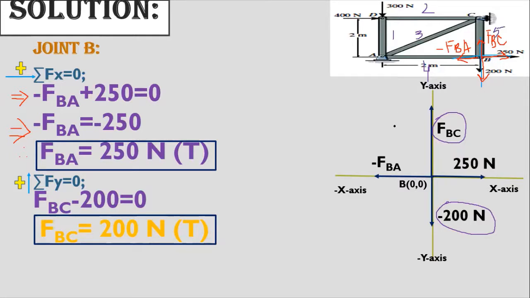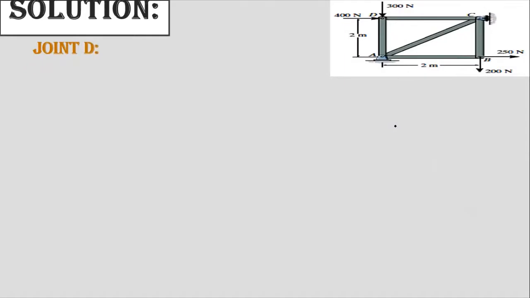So how many member forces are left? 4 member forces are left. So now we are moving towards joint D, because joint D is very simple and it is easier to calculate all the member forces. So we are moving towards the next slide, and you can see I am going to make the free body diagram at joint D.